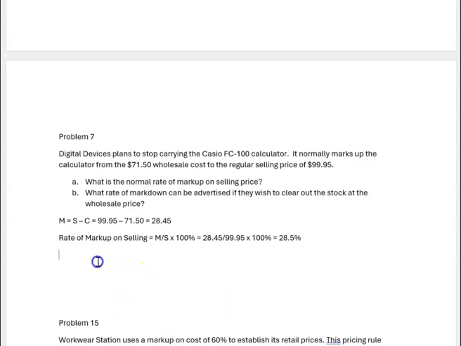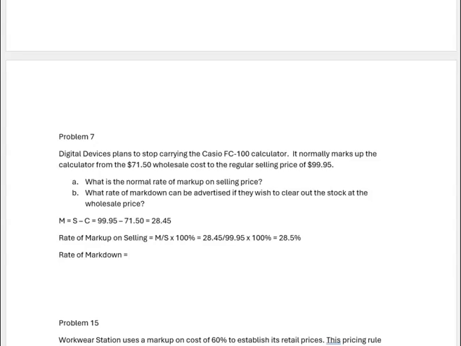Okay, so let's look at B. What rate of markdown can be advertised if they wish to clear out the stock at the wholesale price? So rate of markdown.